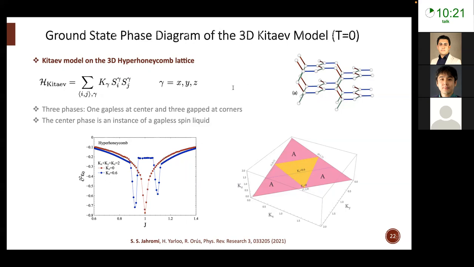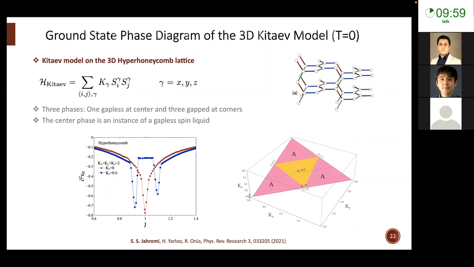Of course, the Kitaev model on this 3D lattice structure with trivalent connectivity is exactly solvable. You could do some Majorana fermionization to extract the full phase diagram. However, with the tensor network, we also showed that you could simulate this model and extract the full phase diagram.